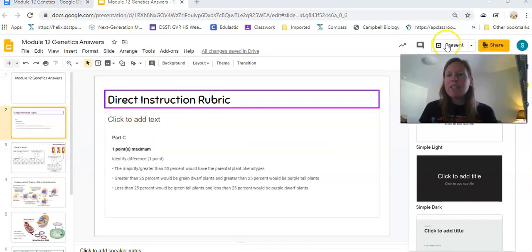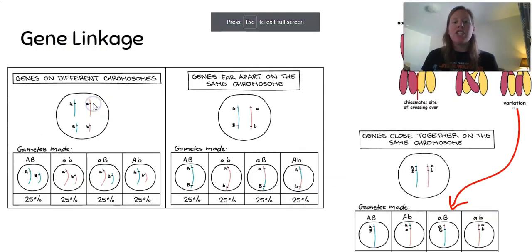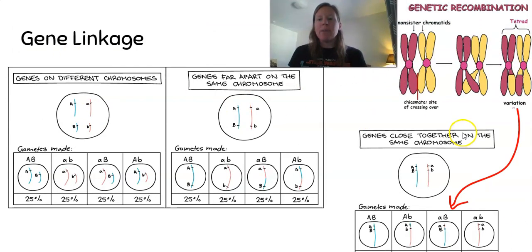A couple of notes I put in the slides. Another slide about gene linkage, since I think it's something we really struggled on when that was in play. Just knowing that gene linkage just implies that if genes are linked, then most of the offspring look like the parents because you inherit those chromosomes together.